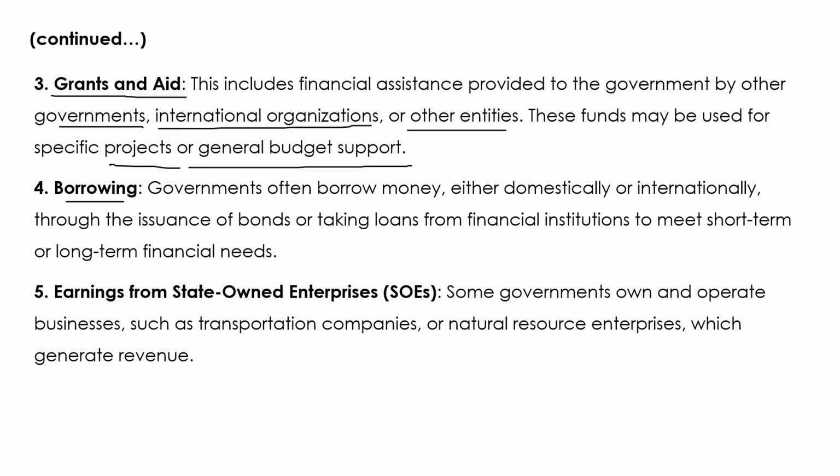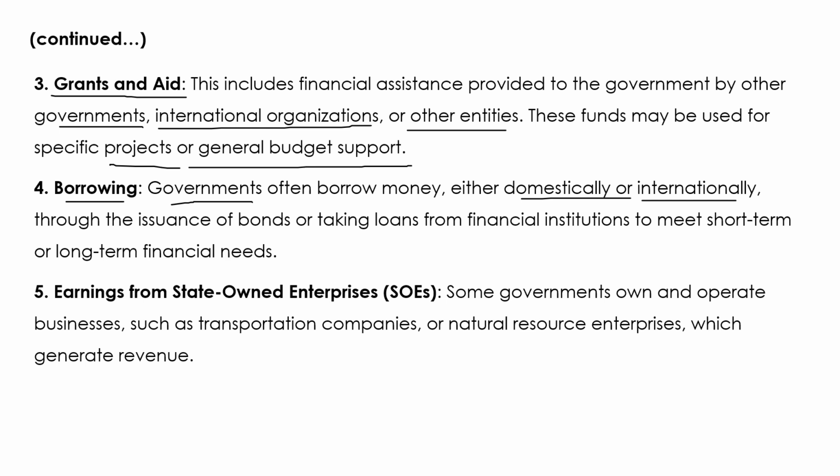And borrowing. Governments often borrow money either domestically or internationally, even sometimes in an emergency or war, or in flood situations and drought situations. In an emergency, the government will borrow money from international institutions or sometimes domestically, and the central government will borrow money from the state government, like that.